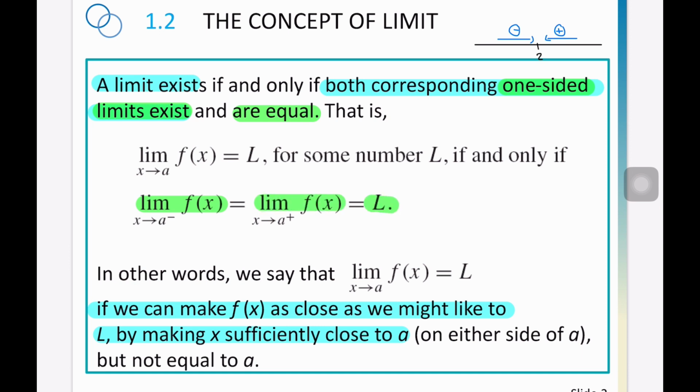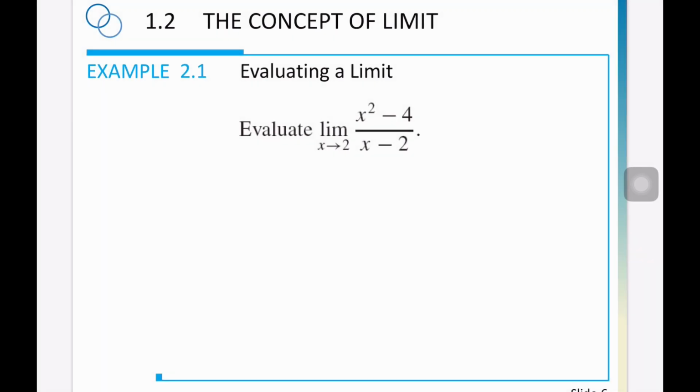Then we can say the limit of f of x as x approaches a is equal to L. This means that there are limits from both sides, positive and negative, and they are equal to each other.